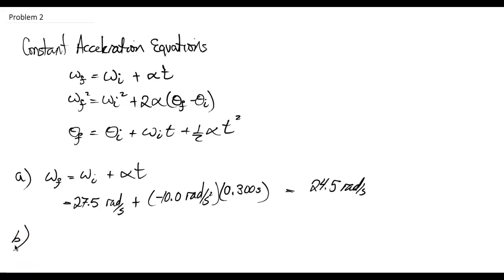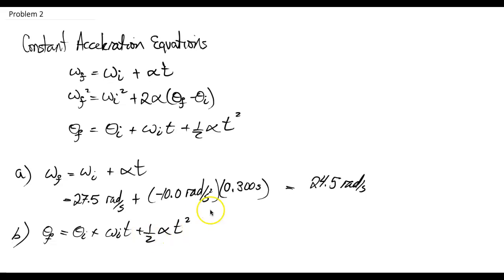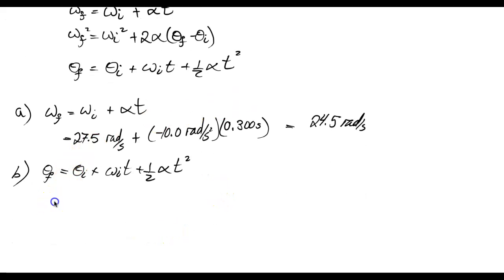Part B is asking for how many rotations or revolutions happen, so we can use theta final equals theta initial plus omega initial t plus 1/2 alpha t squared. And if we plug in what we know, like we did before, we can assume we start the revolutions from some reference point 0.